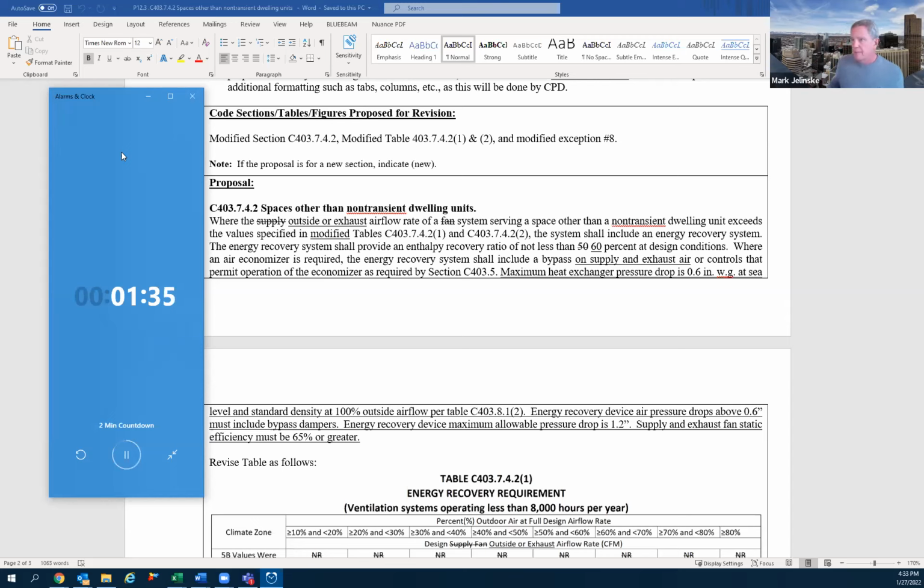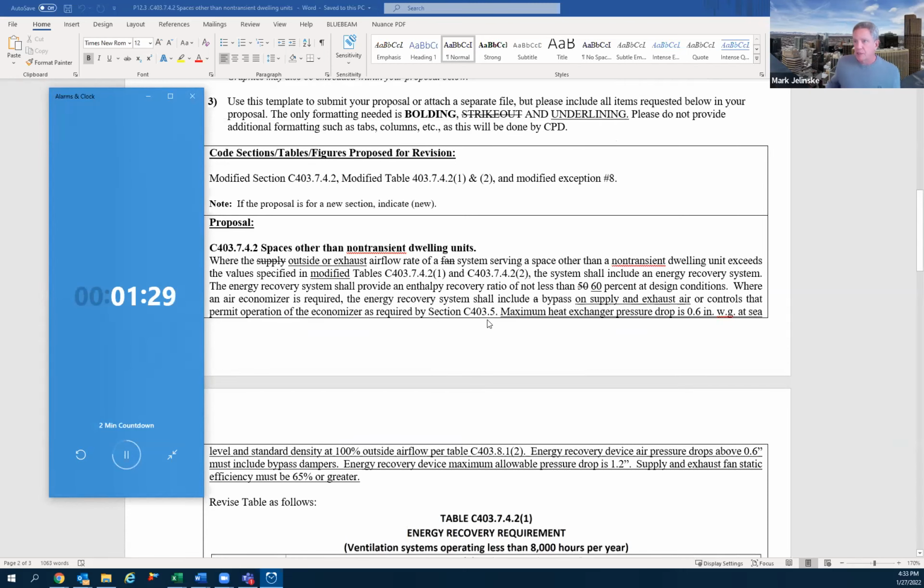I noticed that this is referencing the base code rather than the current amendments. So we do need to confirm what happens to the similar but differently numbered amendment that's already in the Denver amendments.